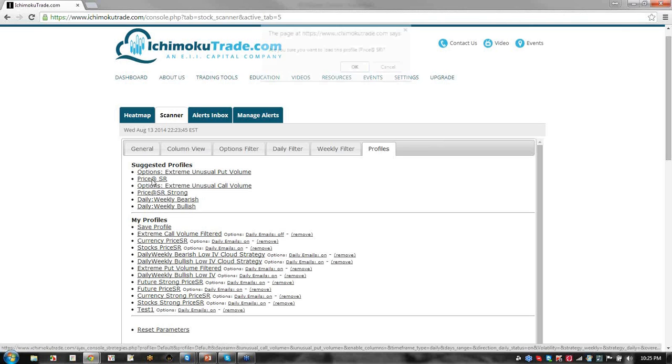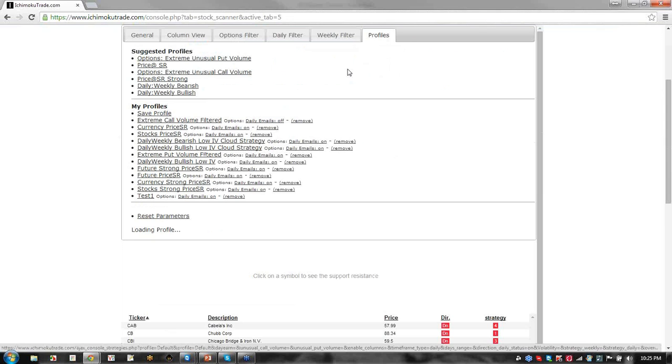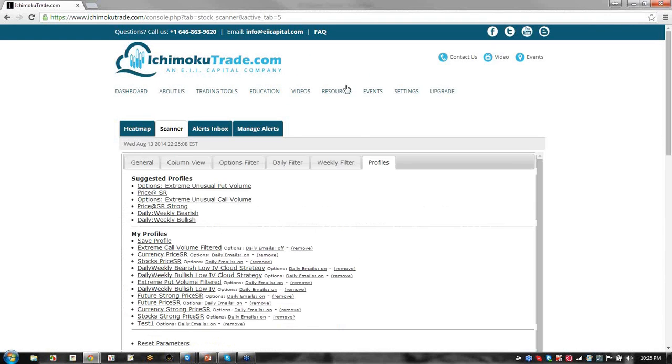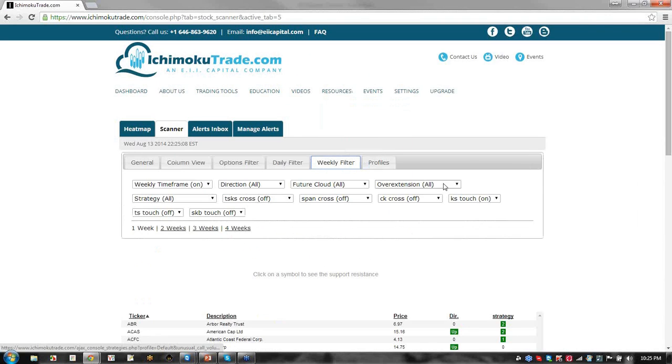This is telling you, if you load this up, it looks for prices at the weekly Kijun-sen, and also prices at the daily Kijun-sen. So you have a 2 time frame match on a daily and weekly where price is right at that major support or resistance.